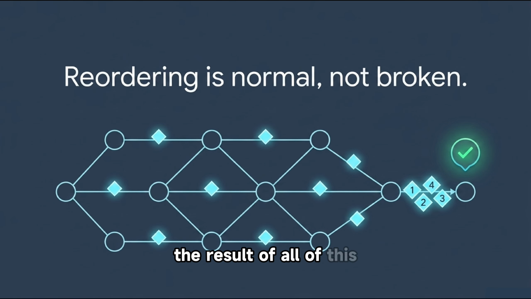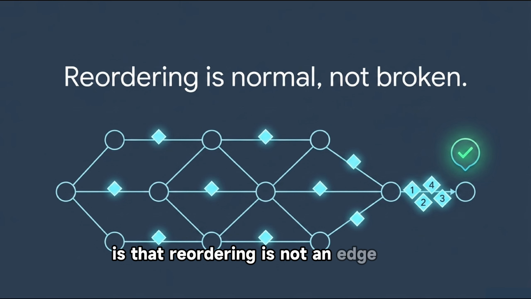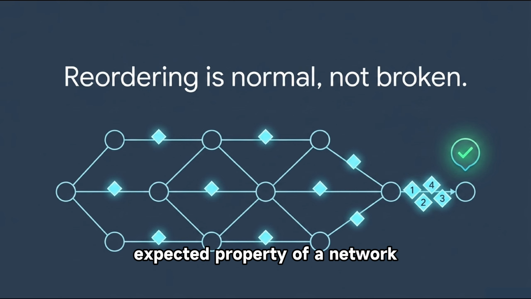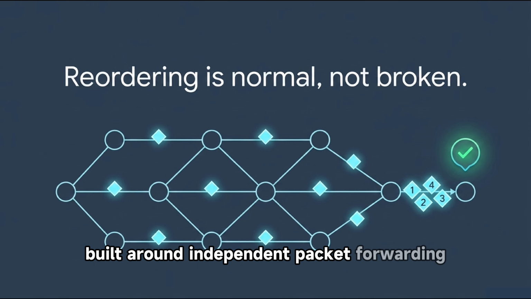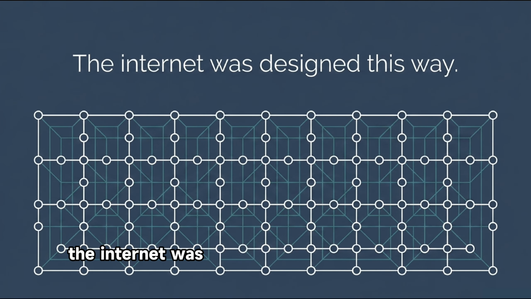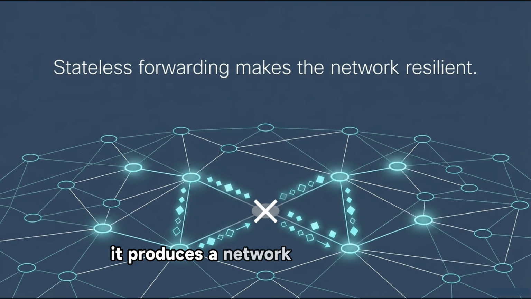The result of all of this is that reordering is not an edge case. It's not a sign that something went wrong. It's a normal, expected property of a network built around independent packet forwarding, dynamic routing, and shared infrastructure. The internet was designed this way intentionally, and the design is good. It produces a network that is resilient, scalable, and adaptive.